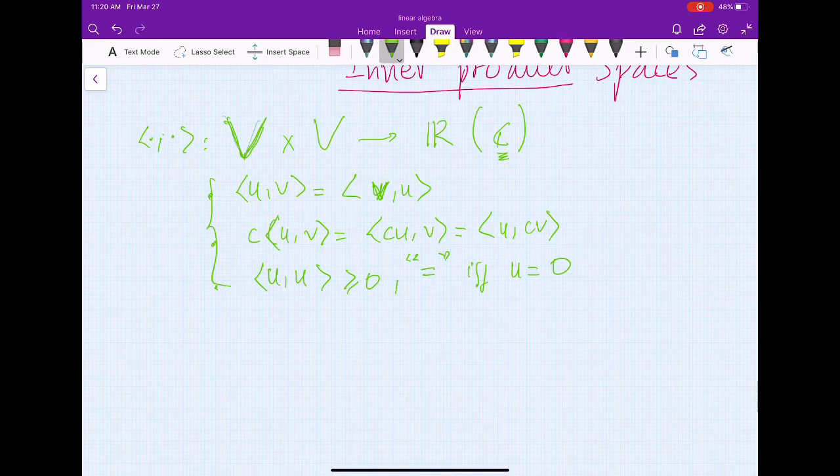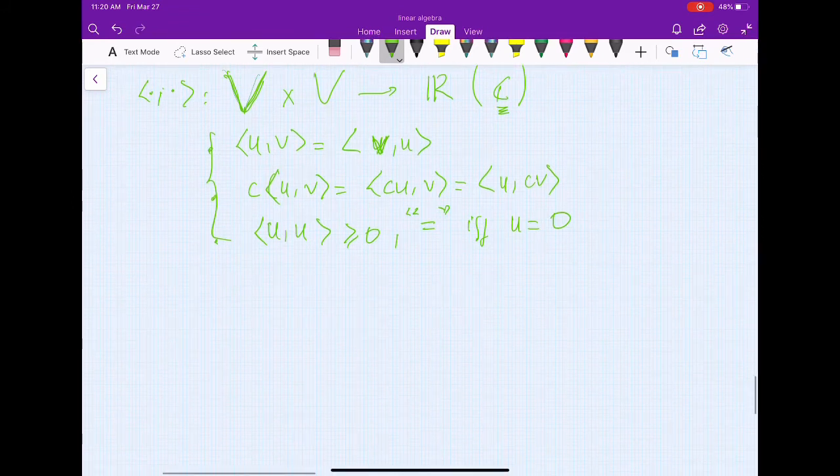Once you have an inner product, you can use it to generate a distance and norm.